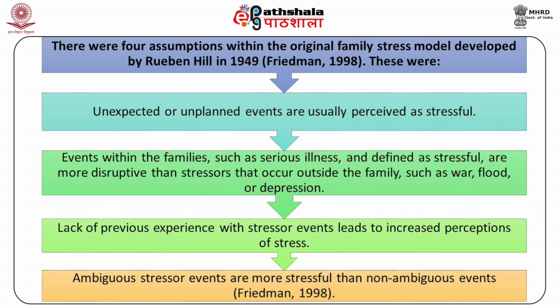Number two, events within the family such as serious illness are more disruptive than stressors that occur outside the family such as war, flood or depression. Number three, the lack of previous experience with stressor events leads to increased perception of stress. And number four, ambiguous stressor events are more stressful than non-ambiguous events.